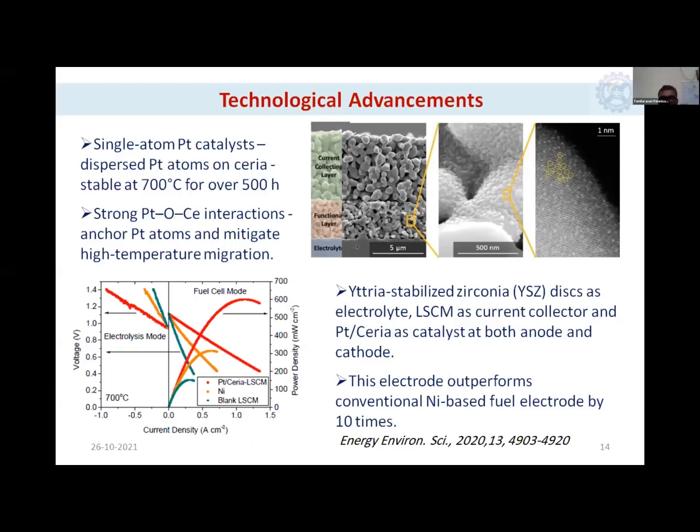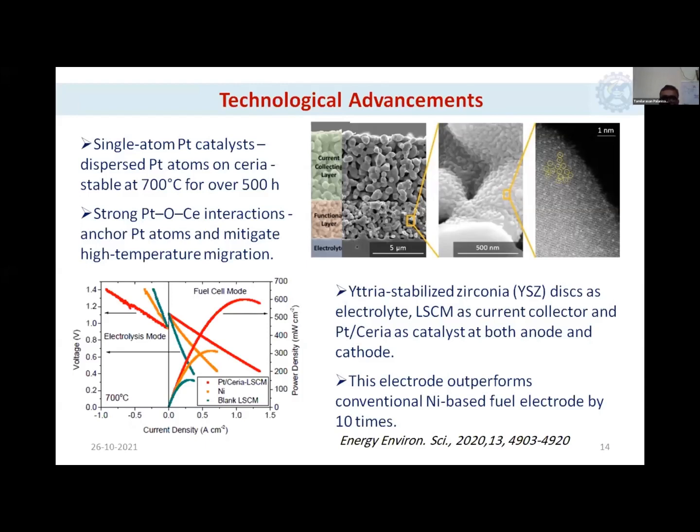In this catalyst, a platinum-oxygen-cerium, the Pt-O-Ce, bond is formed. Because of that, the platinum atoms are highly stable, even at a very high temperature like 700 degrees Celsius. Even over 500 hours of operation, these platinum atoms have not migrated and agglomerated. So that kind of stability they have achieved with this catalyst.